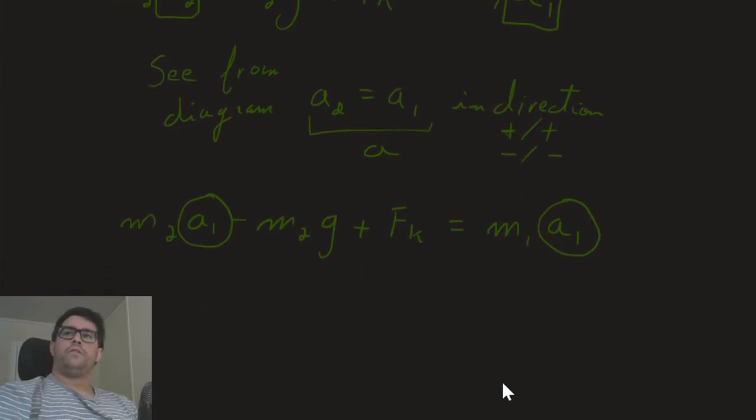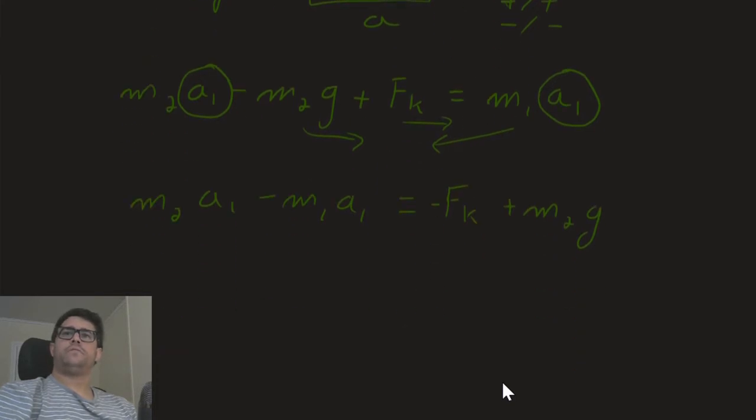M2 A1 minus M1 A1 equal, we're moving this on that side, we're moving this on this side, minus Fk plus M2 G. Is that it?